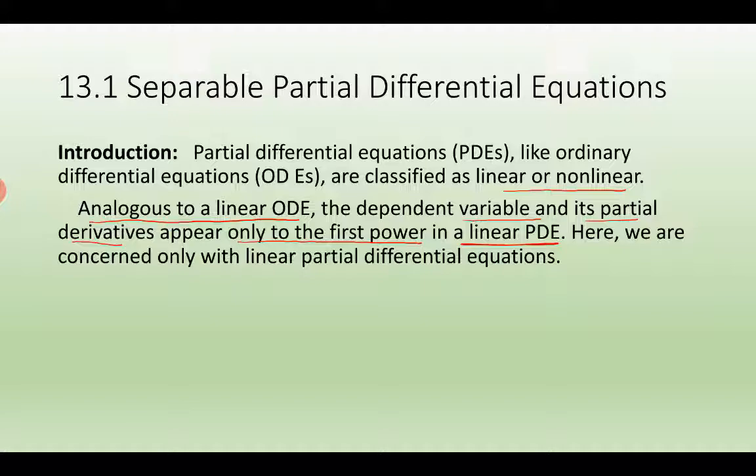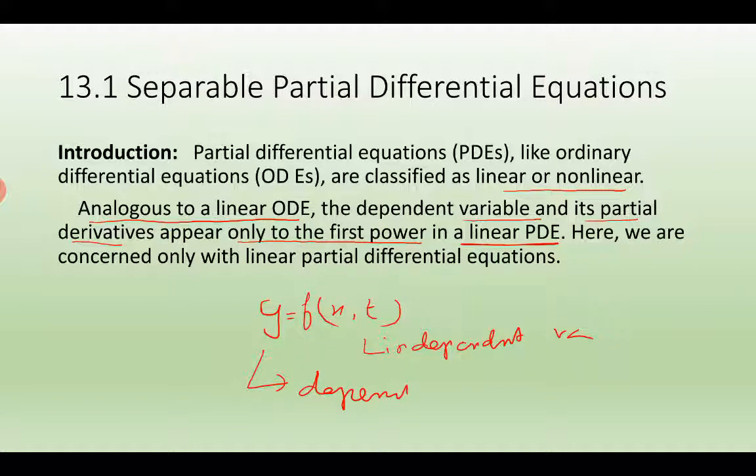So what they mean to say is, if I say y is a function of x and t, x and t are independent variables, and y is called the dependent variable, right?